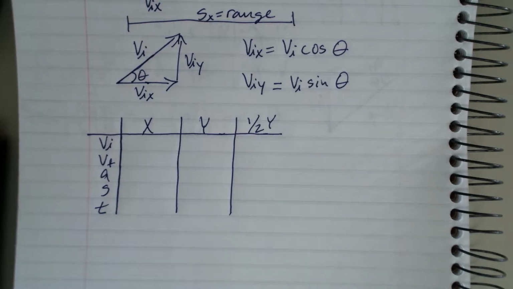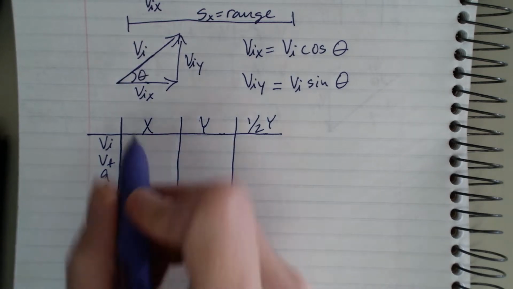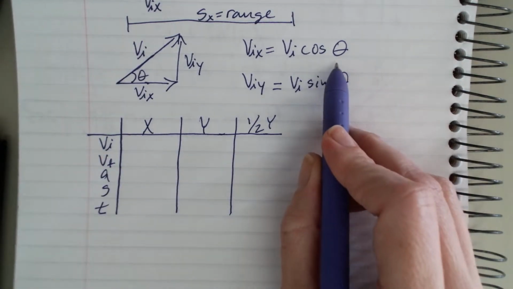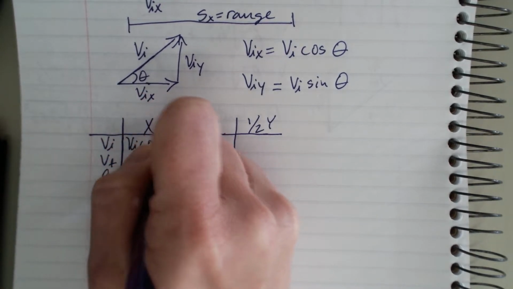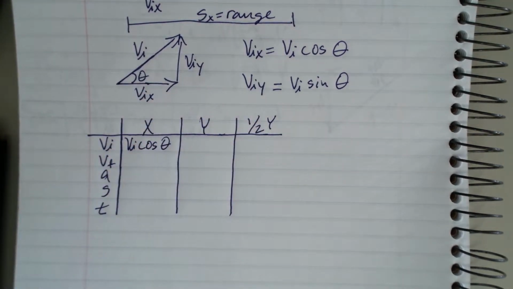So that's Nolan Ryan pitches a ball. It leaves his shoulder as fast as it hits the catcher's glove. It's going the same speed in the horizontal, okay? So your VIX is VI cosine theta. So this is VI cosine theta. I don't want you to write that in the box. When I give you these problems, I expect you to stick that in your calculator and write the answer that comes out of your calculator in the box.